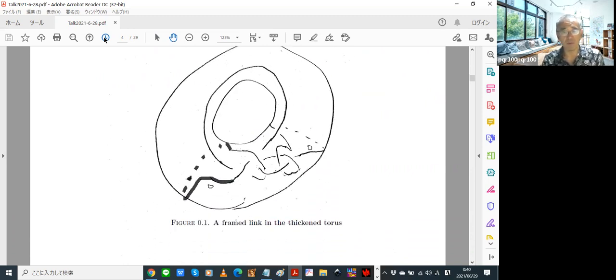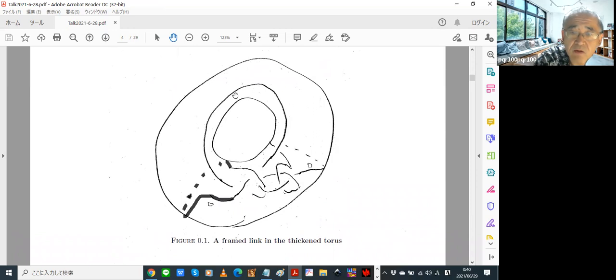It's an example. This is a torus, and there is a link. In this case, using projection, there is an immersed annulus, so we can define framing even if it is not a non-vanishing cycle.